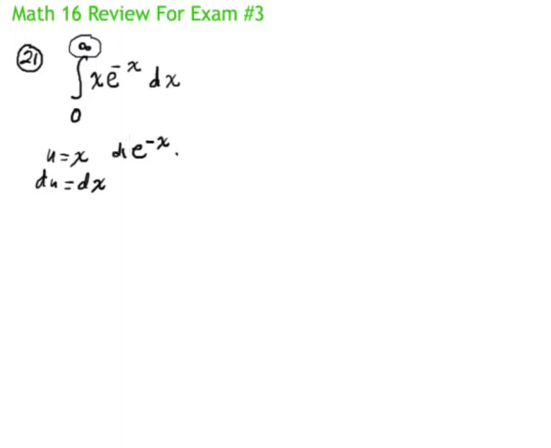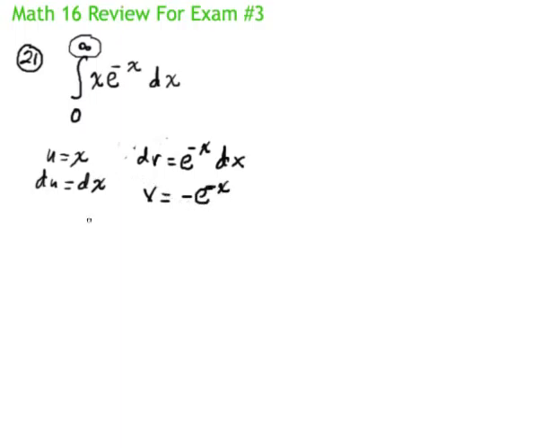Let me make a little more room here. Okay, so here, dv is e to the minus x dx. Okay, integrating both sides, we have v is equal to minus e to the minus x.